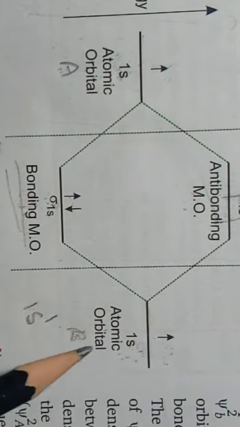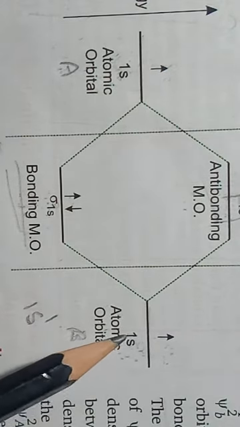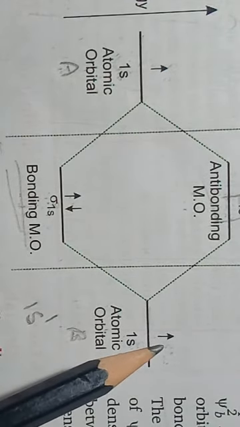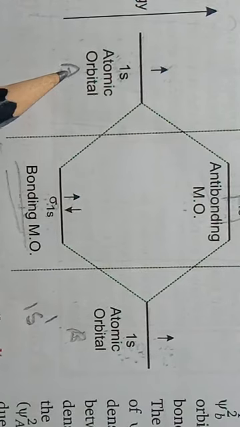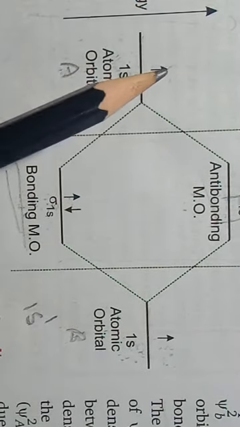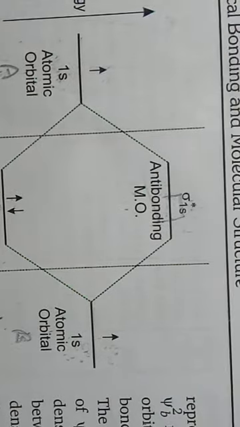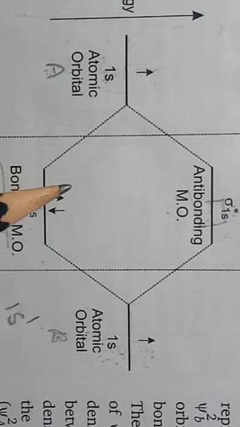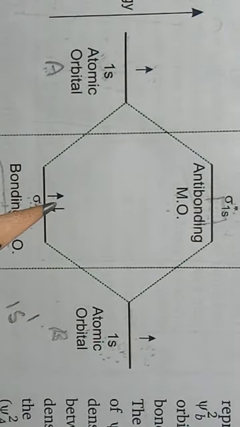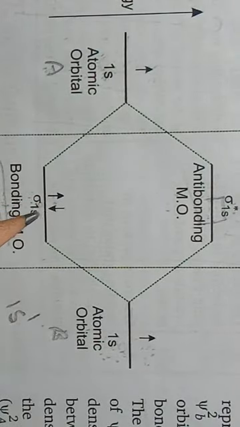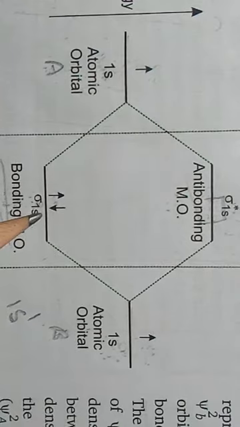So B in its 1s orbital has just one electron, and in the same way A in its 1s orbital has just one electron. And this mid part of the energy diagram is for showing molecular orbitals.